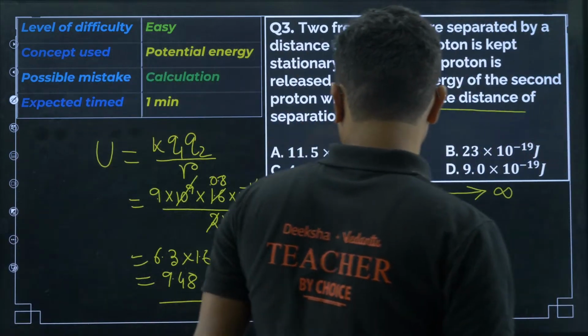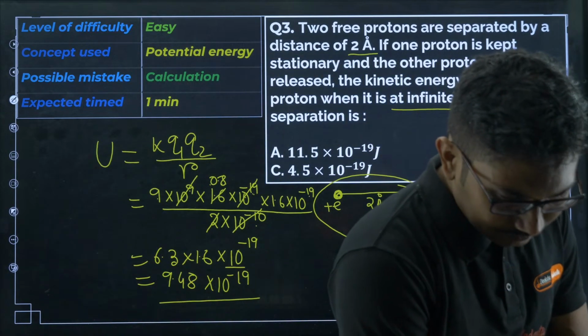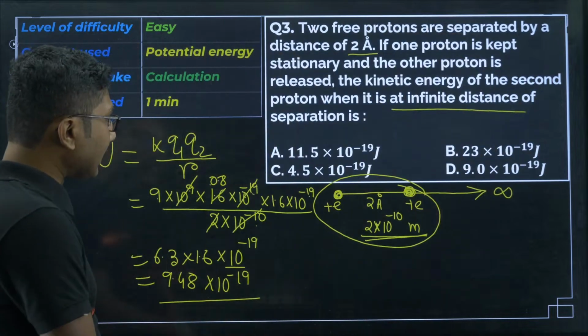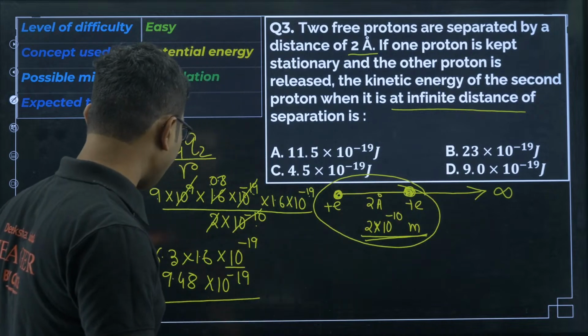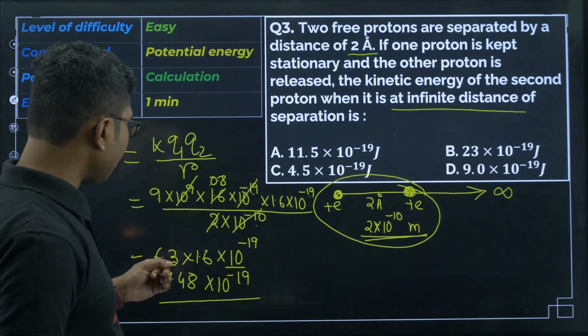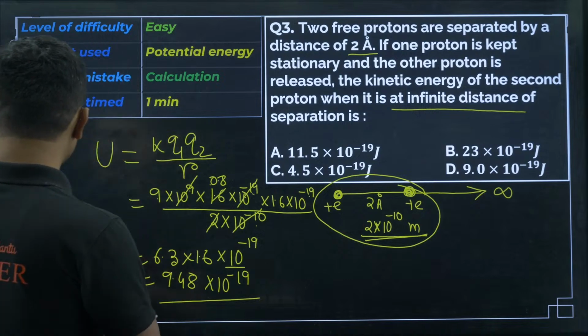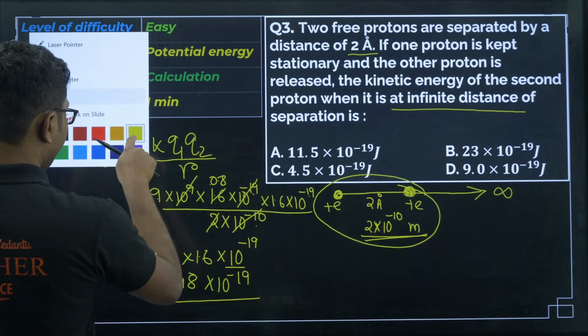Option A. Have you calculated it? Is it coming very close to 11.5 or is it coming to 9? Because in my calculation I am getting, oh yes, I made a mistake here. This will be 7.2, sorry.